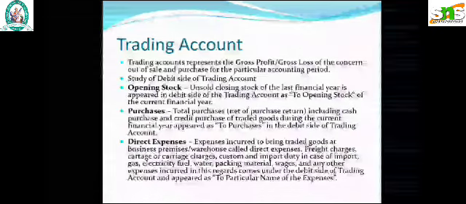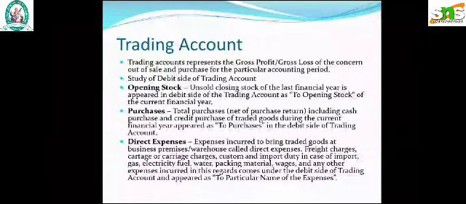Expenses incurred to bring trading goods to business premises or warehouses are called direct expenses. Freight charges, cartage or carriage charges, custom and import duties in case of import, gas, electricity, fuel, water, packing materials, wages and other expenses are called the direct expenses.